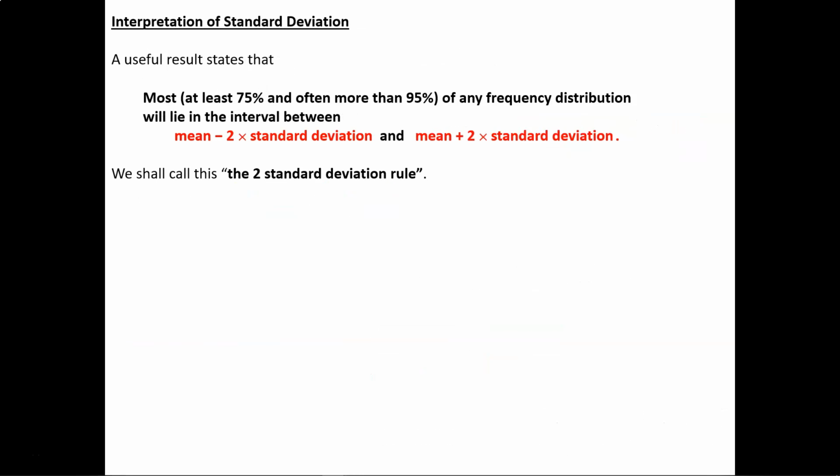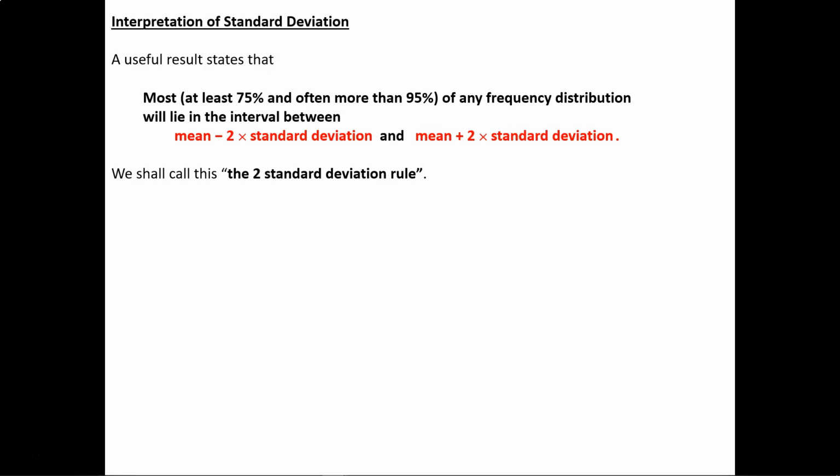It is useful to have an interpretation of standard deviation, and I find useful the result that states that most, by which I mean at least 3/4, and often in fact more than 95% of any frequency distribution will lie between the mean minus 2 standard deviations and the mean plus 2 standard deviations.